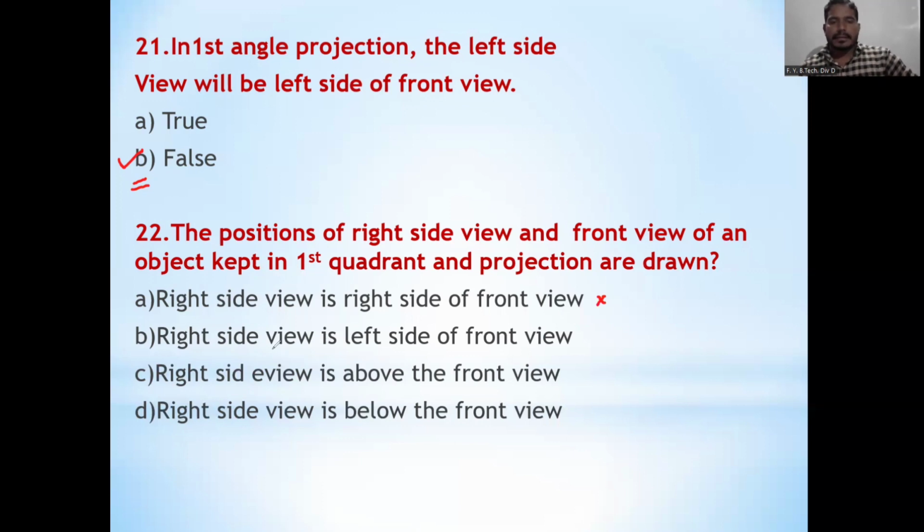Then right hand side view is on the left side of the front view. It's correct, so B option will be correct. Then right hand side view is above the front view. No, it's wrong. Then right hand side view is below the front view. It's also wrong. So B option will be correct here, as per the first angle method of projection.